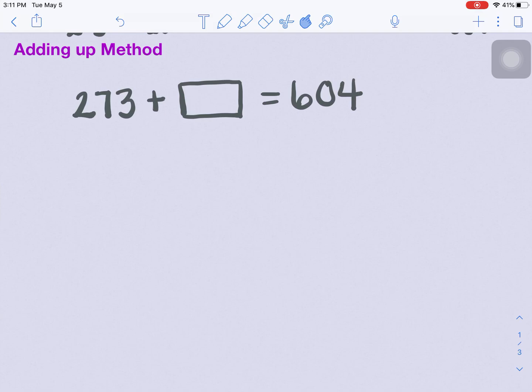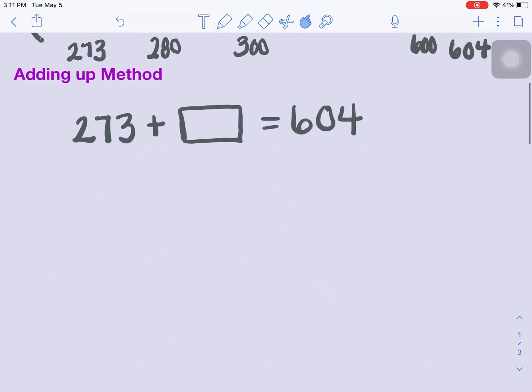If I know I'm at 273 and I'm adding up to 604, again I'm going to add to the nearest 10.